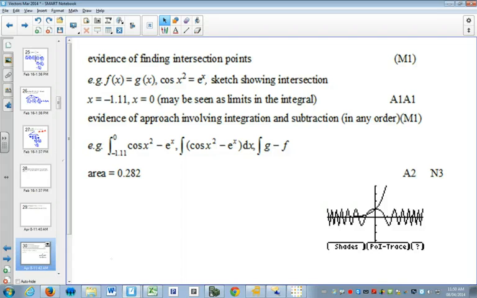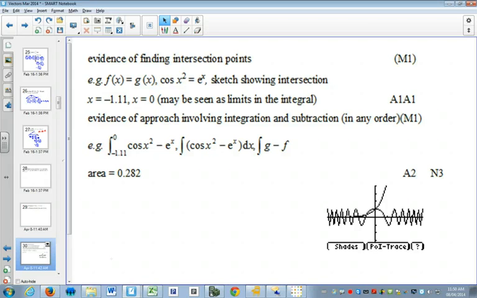Now for the marks, each of those showing that you knew to find the intersection points gave you a mark. That's what M1 is. M stands for method. Getting the two intersection points gave you a mark each. An A value in the marking guide stands for answer. So you got one answer, another answer. The brackets mean that if you didn't show this, but you got these answers, you would get that mark.